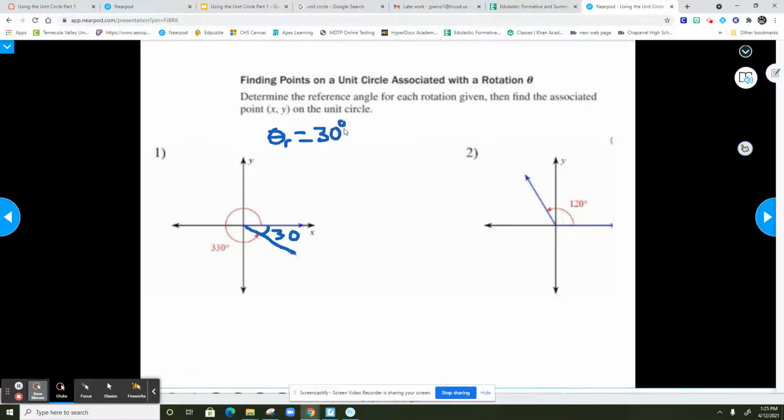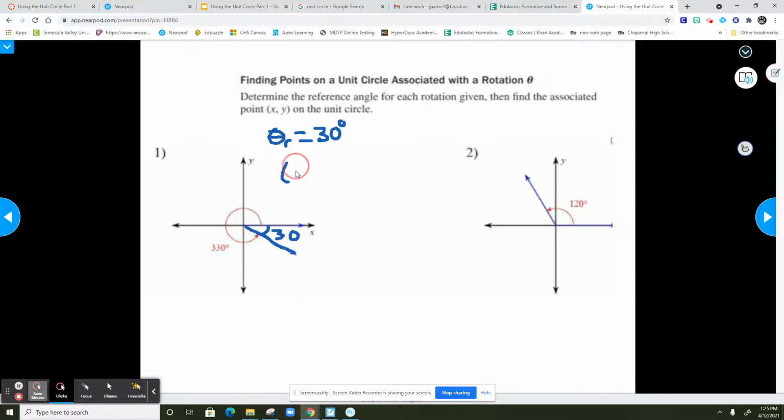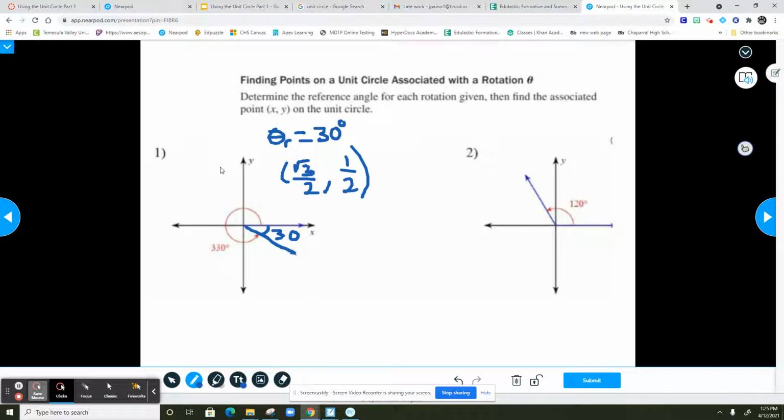Then we want to find the associated xy point for 330 degrees. Well, we know that 30 degrees is root 3 over 2, 1/2. But I want to know 330.